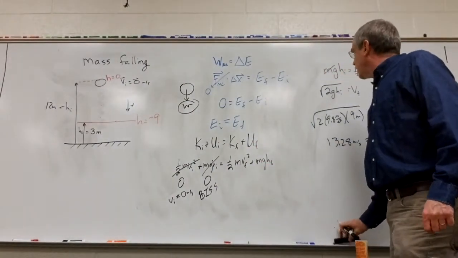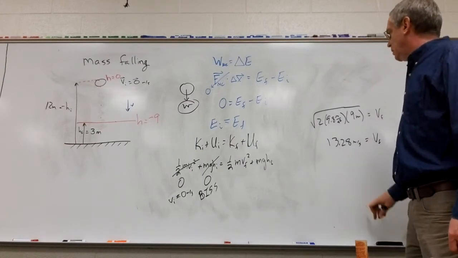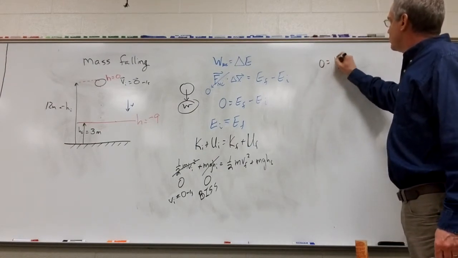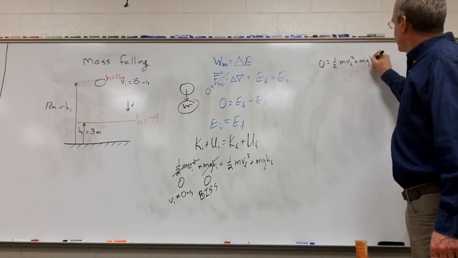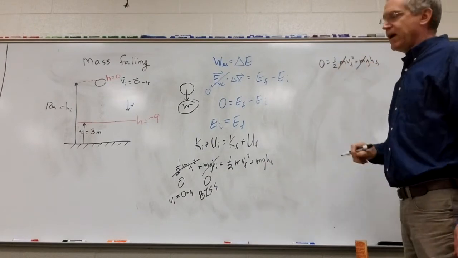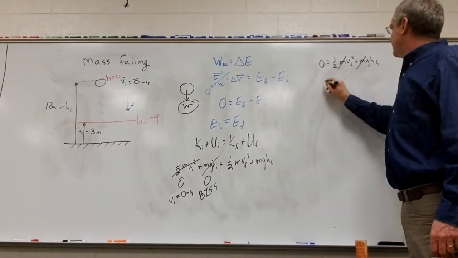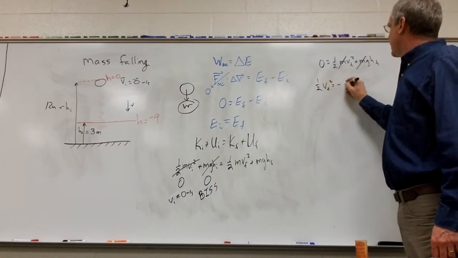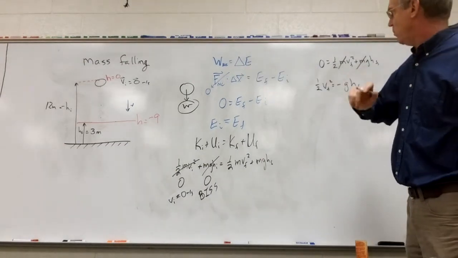And so our equation now becomes 0 is equal to 1/2 mv final squared plus mgh final. Mass cancels out because if I divide everything by the mass, that goes away. And then I end up with 1/2 v final squared is equal to -gh final. Don't worry about that minus sign because it's going to cancel out with that one.